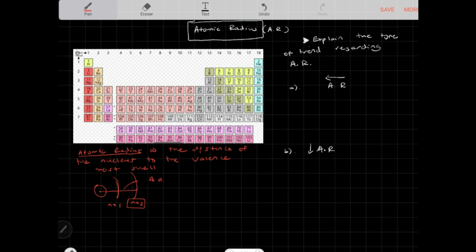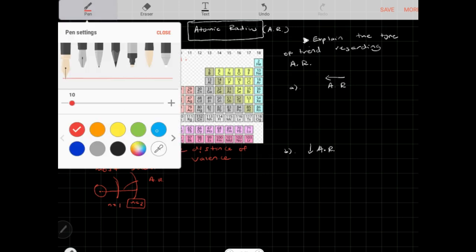Now we're going to use atomic radius for neutral atoms. For charged atoms, we're going to be using ionic radius, which I'll talk about afterwards. But the atomic radius is going to have two general trends. The increasing trends: the atomic radius will increase to the left of a period and down a group.